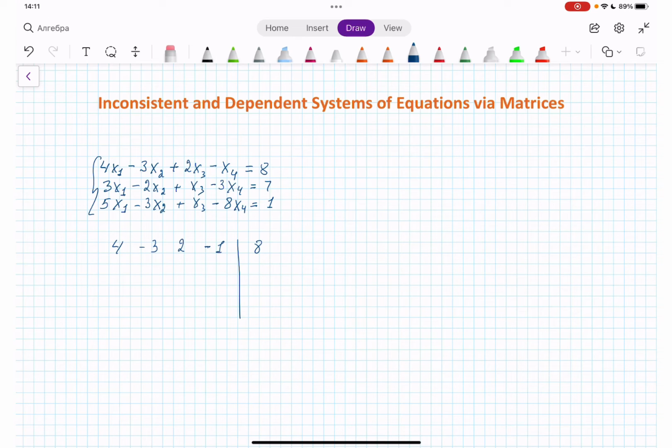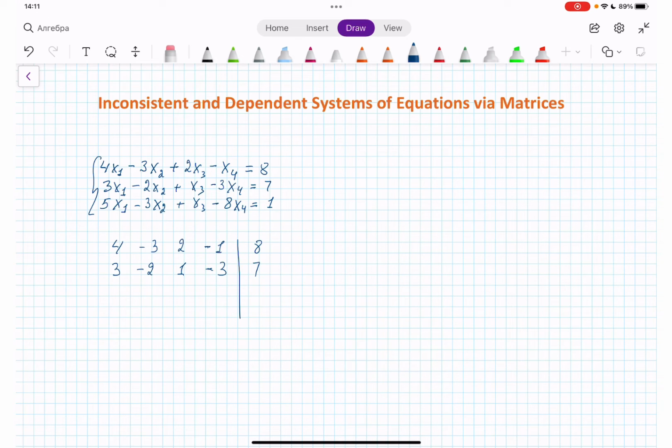Next, 3, -2, 1, -3, and 7. I'm writing down their coefficients, obviously. And as you can see, every single equation has x1, x2, x3, x4.